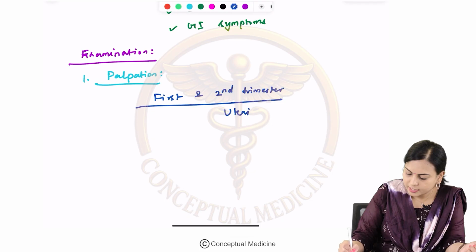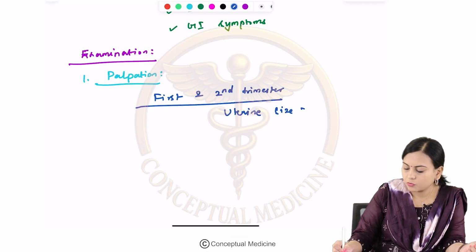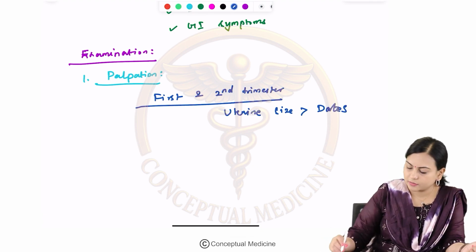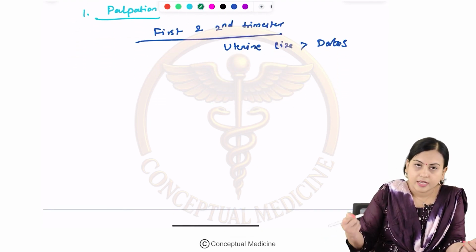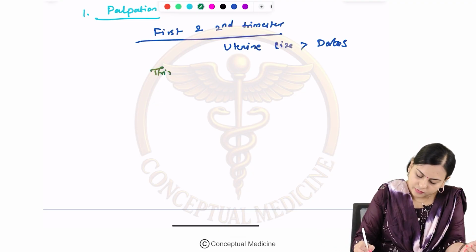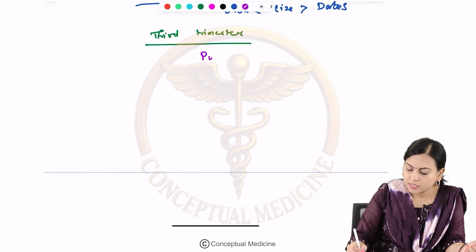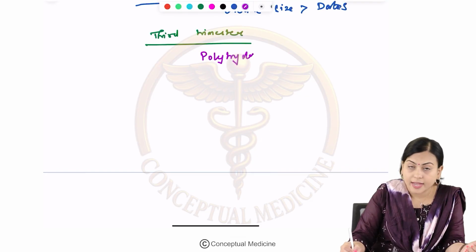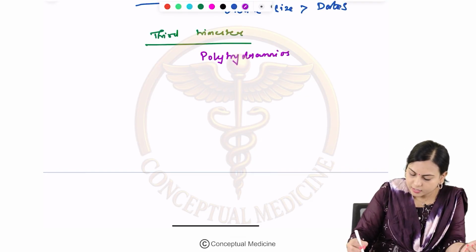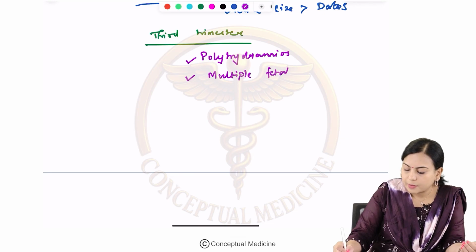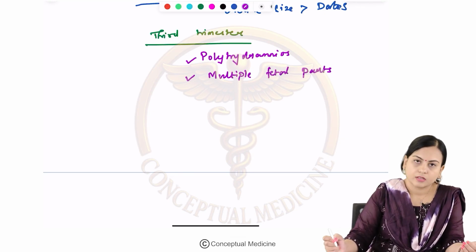So, the uterine size is more than the expected size according to the dates, okay. And then in the third trimester, what happens is you will be able to see there is polyhydramnios and there will be multiple fetal parts palpable. Clear?